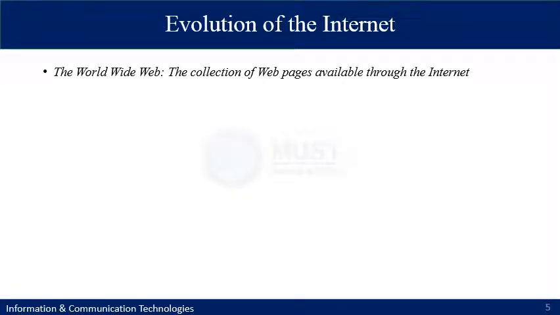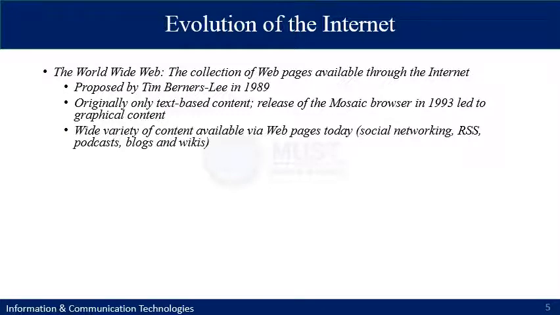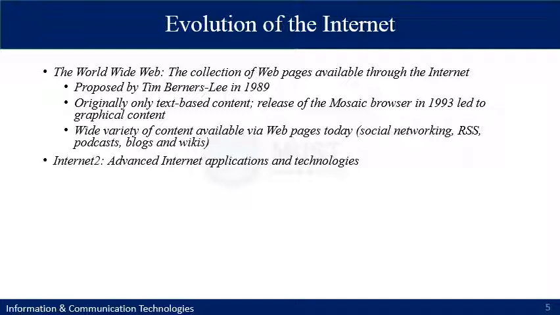If we look at the evolution of the internet, the major breakthrough it has seen is the development of the World Wide Web. The World Wide Web is the collection of web pages available through the internet, and it was proposed by Tim Berners-Lee in 1989 at the CERN laboratories.